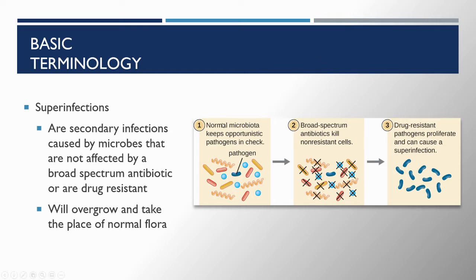If we take a broad spectrum or inappropriately targeted antibiotic, it can kill all the cells that are not resistant, including our normal microbiota that would be keeping this opportunistic pathogen in check. And when we kill those normal microbiota, it gives our drug-resistant pathogen an opportunity to flourish.